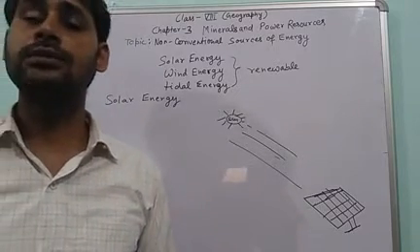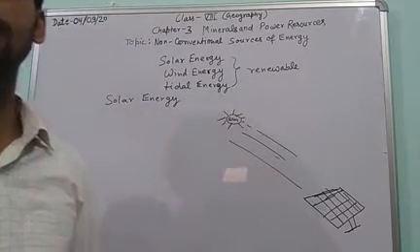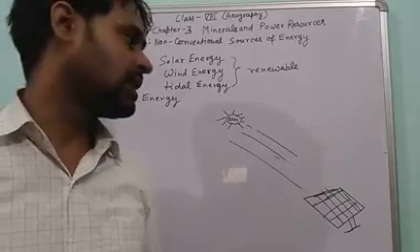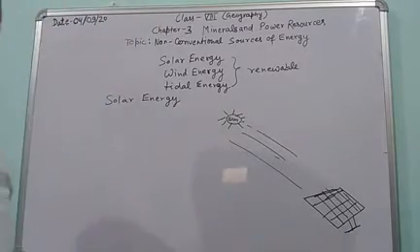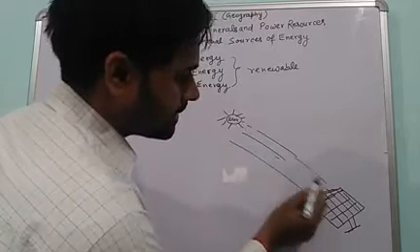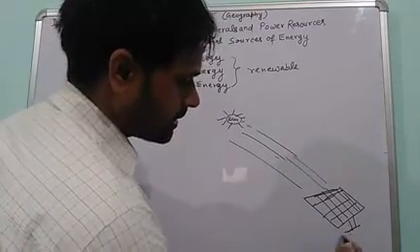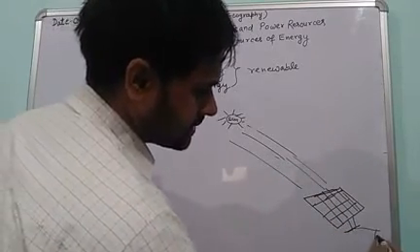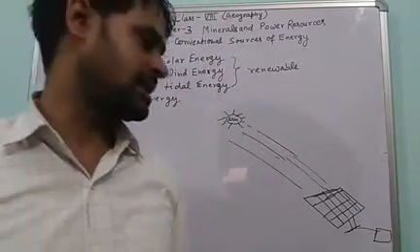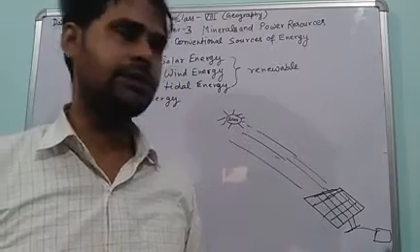Solar energy trapped from the sun can be used in solar cells to produce electricity. The sunlight is falling on the solar cell, and then it is connected to a battery. Then electricity is generated and electricity is stored here.